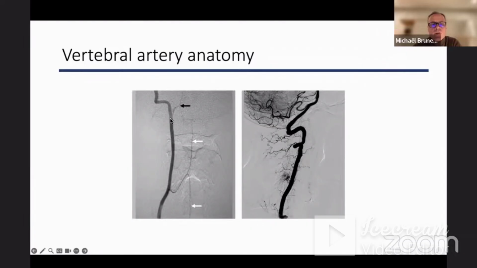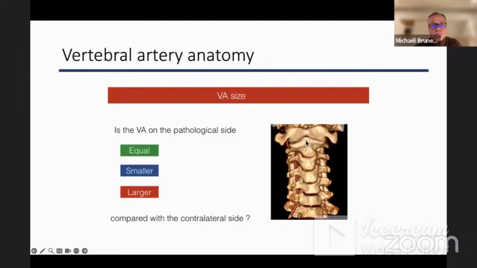Above the level of C3, you have an anterior meningeal artery, which is also important when you operate on foramen magnum meningiomas because it's one of the arteries feeding such a tumor. You have also muscular branches arising from the vertebral artery, V2 and V3 segments, and through those muscular branches you have sometimes important anastomoses that develop in case of occlusion of the vertebral artery.